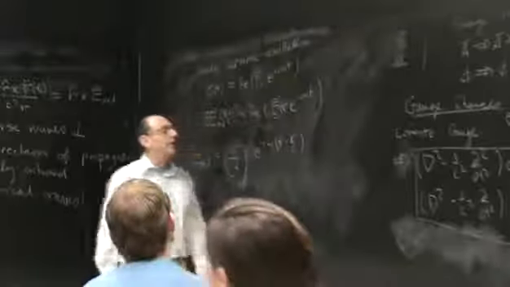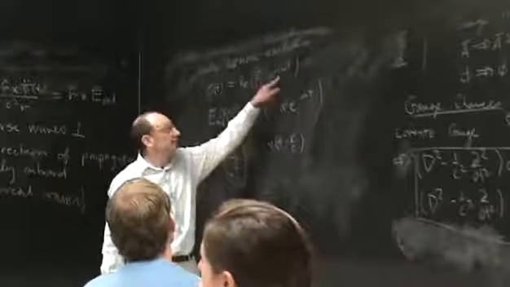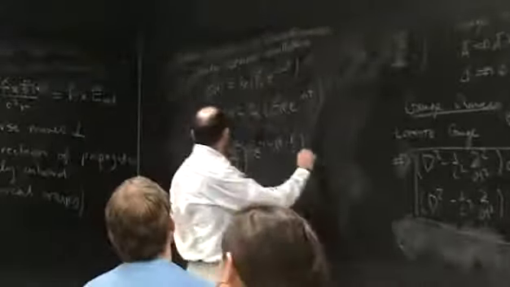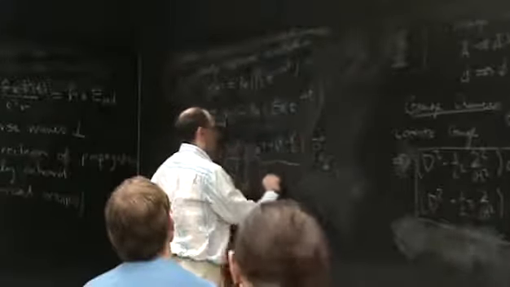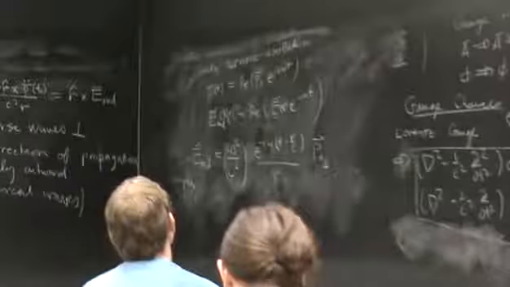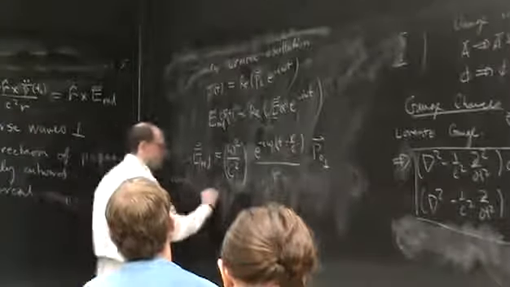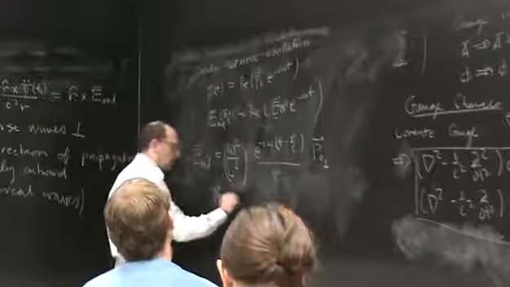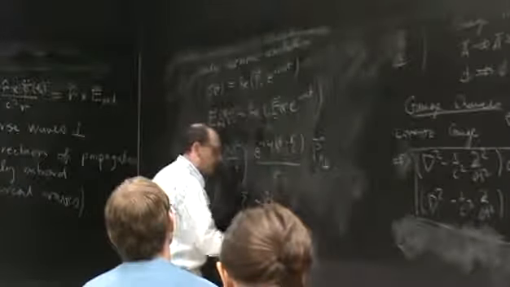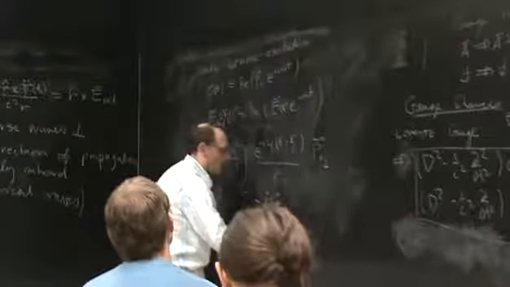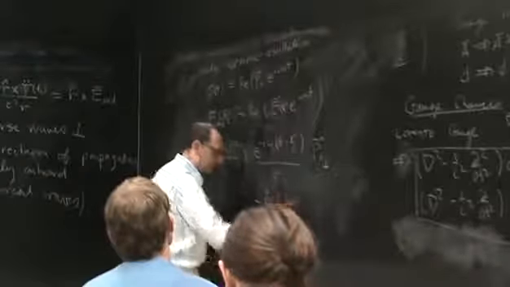That's at the retarded time from the origin. Then I have P naught perp over r, where P naught perp is equal to P naught minus the component that's along r hat.